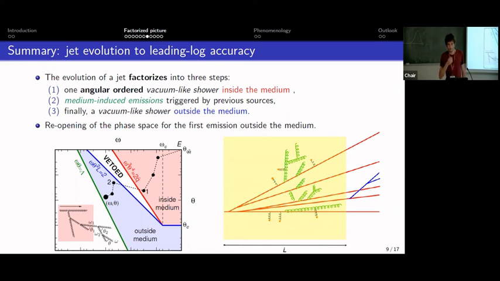Right, so I'm not sure, because there are two things. First, just look at your tree, outside the medium. Look at the diagram. By that point, what is the typical Q squared? I assume it's on the order of some q hat times a time scale.